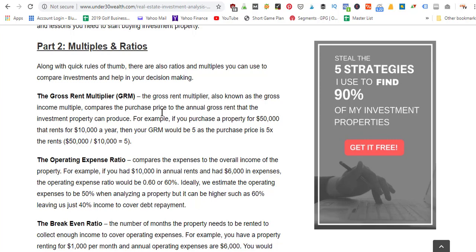They could have different prices, and in order to compare apples to apples, you can use the gross rent multiple to see, if I buy this house, here's how much I'm paying, here's how much rental income I'm getting back in return, and then if I buy the second house, here's how much I'm paying, here's how much rental income I'm getting back. The one with the lower rent multiple means you're paying less to buy that stream of cash flow. So the less you pay, the better. You're going to get a better return on your investment. So you can compare multiple properties by looking at the gross rent multiplier.